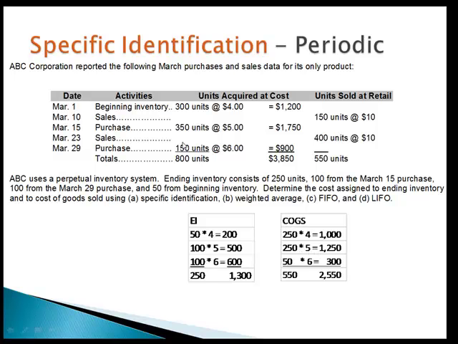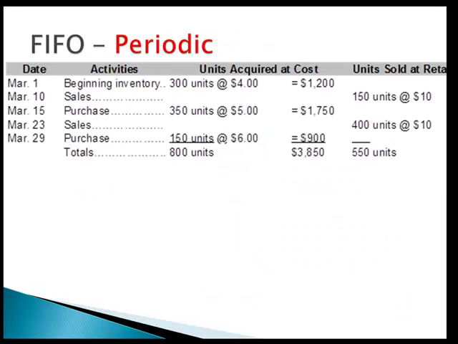If 100 from the $6 tier were left in ending inventory, then clearly 50 were sold from the $6 tier. So this is exactly the same as the perpetual method, because we can identify specifically what units got sold and which units are in ending inventory. Again, you could check your figures, make sure everything works out.